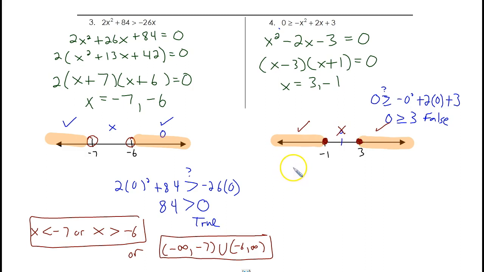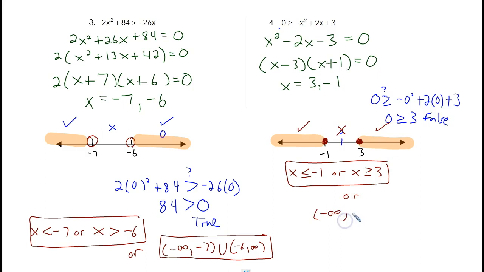So we can write it as x less than or equal to -1, or x greater than or equal to 3. That's a good way to write that answer. Or in interval notation, we would say from -infinity to -1 with a bracket on the -1, or from 3 to infinity with a bracket on 3. Either way would be a good way to write it.